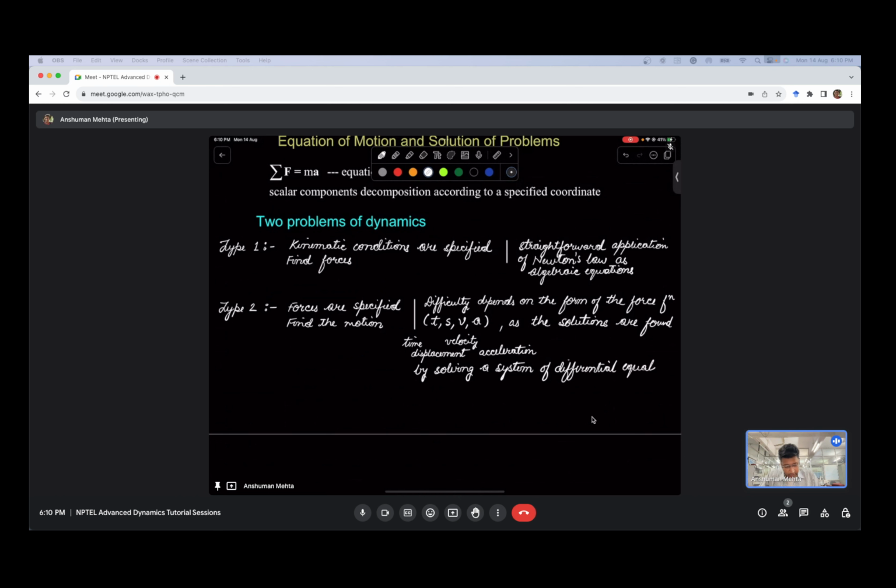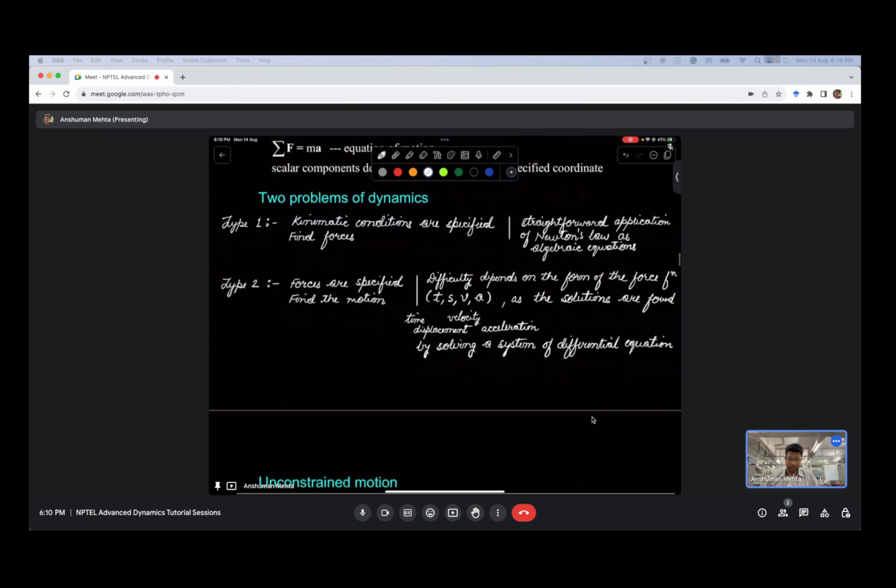So as compared to algebraic equations, we are now solving differential equations. For type 2, for simple problems, or for simple force functions, we can find a closed expression.